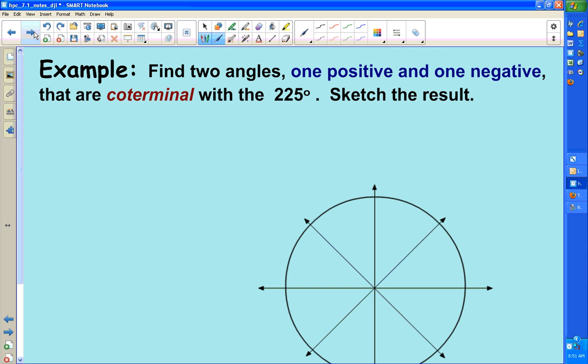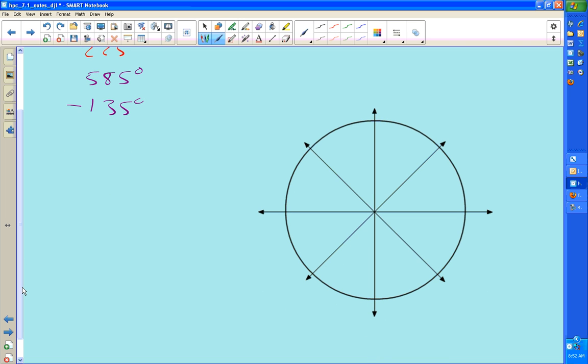Who's coterminal with 225? A positive that's coterminal with 225: 585. What's a negative? Negative 135. Where are these angles? This is 225.